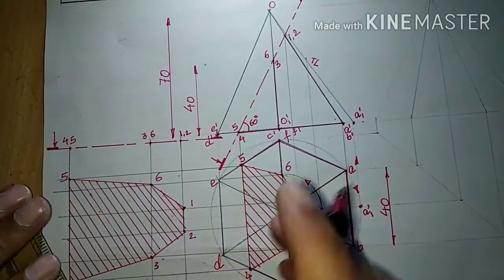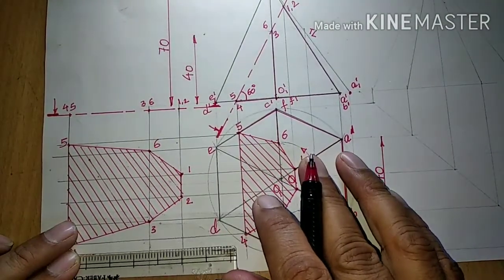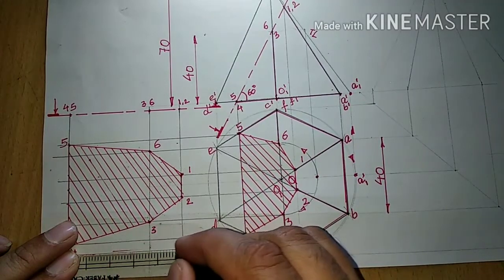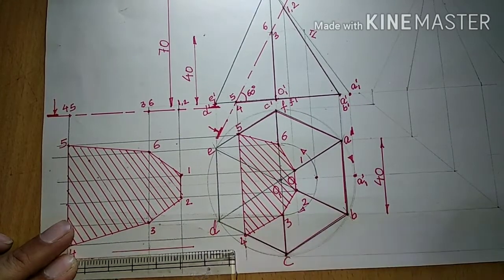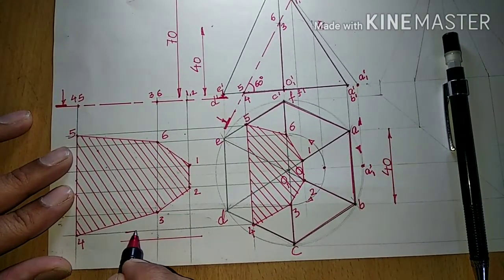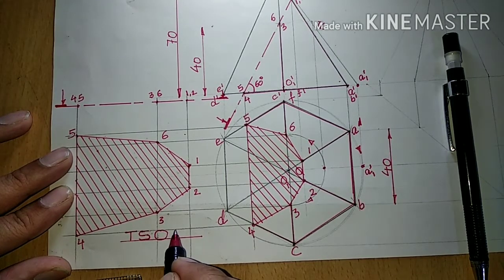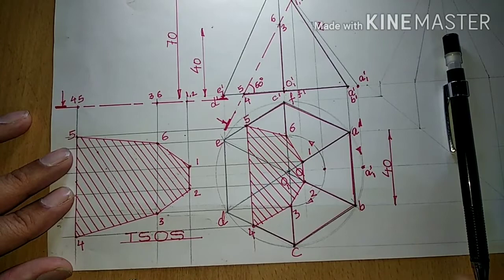Here we'll write down, generally it is expected to write it down for a better impression also. True shape of section.